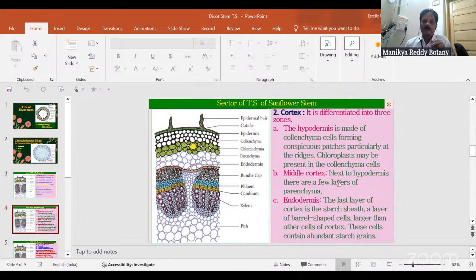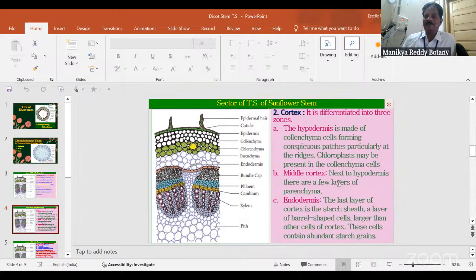In some plants like cucurbits, hypodermis may also contain chlorenchyma. Green parenchyma is called chlorenchyma. Hence, it helps in photosynthesis.